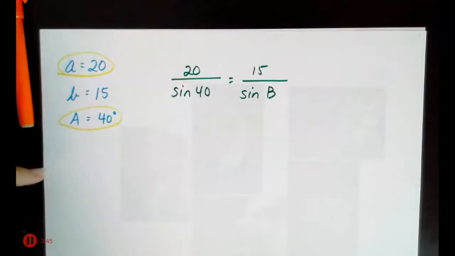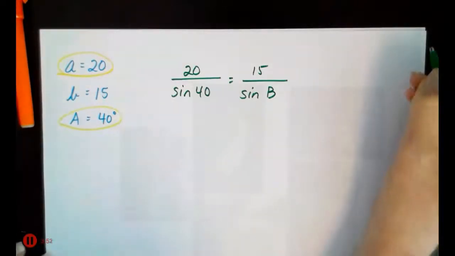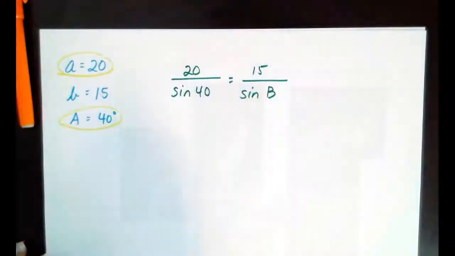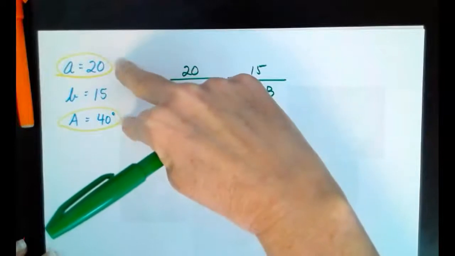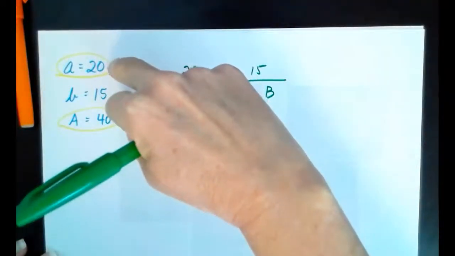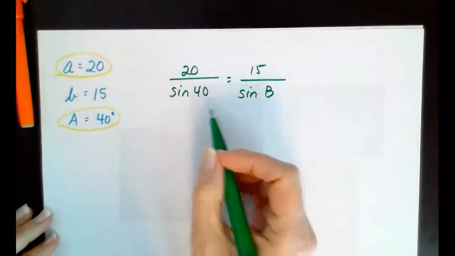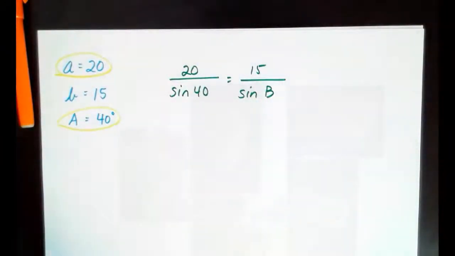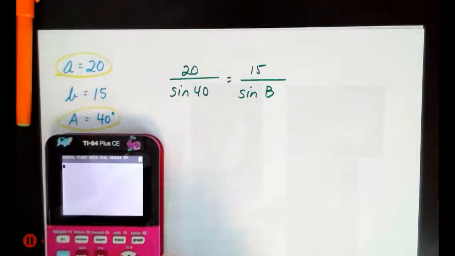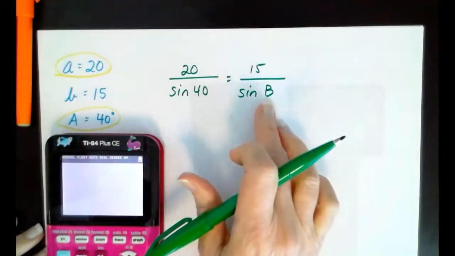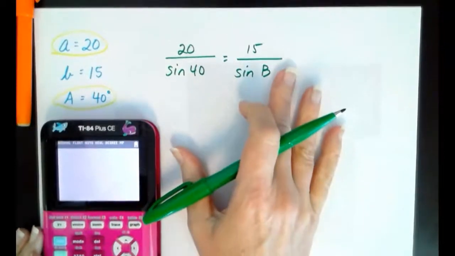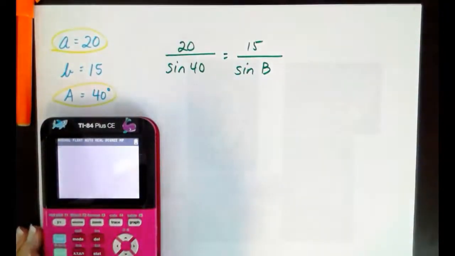This is an angle side-side scenario. So we are able to set up with the law of sines immediately because we know an angle and its corresponding side. So this is going to help us here, but we are going to have to use an inverse sine function in order to find the missing angle B. Remember, anytime that we have a missing angle, that is when we're going to utilize the inverse sine function.